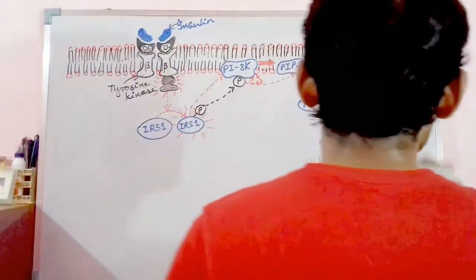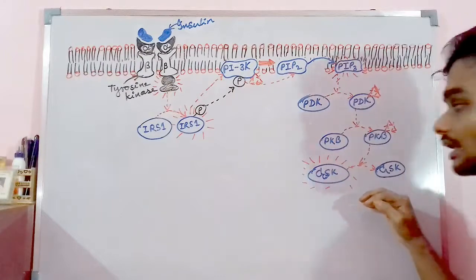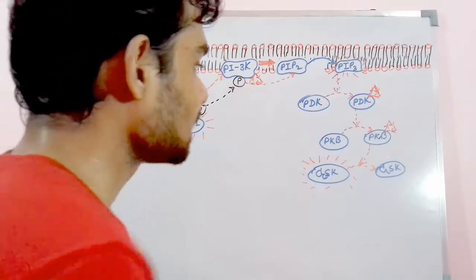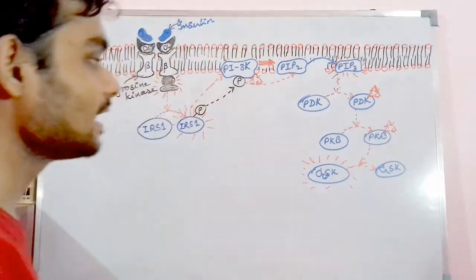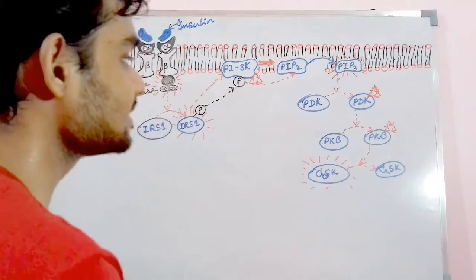Now, why is this particular step happening in a very different manner? Instead of getting activated, the glycogen synthase kinase is getting deactivated. There is a particular reason why it needs to be deactivated.